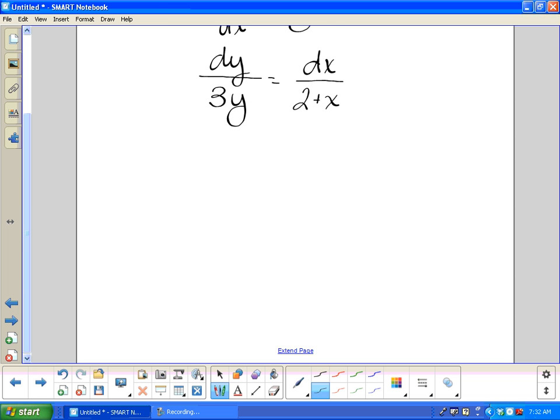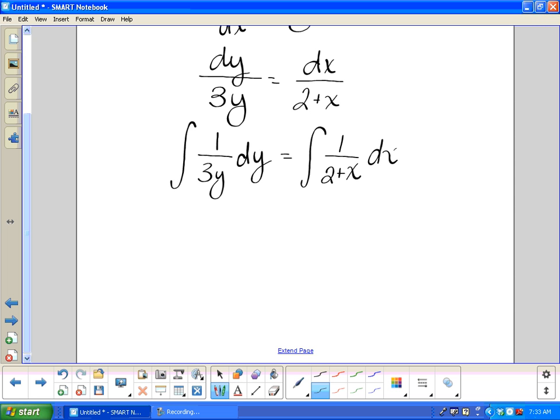I find it easier if I write my integral like this, 1 over 3y dy, because that means the same thing, just multiply the numerators, is equal to the integral of 1 over 2 plus x dx. We always want to take our constants and pull them out front, so I'm going to write this as 1/y dy and put the 1/3 out front, so I don't have to deal with that constant.